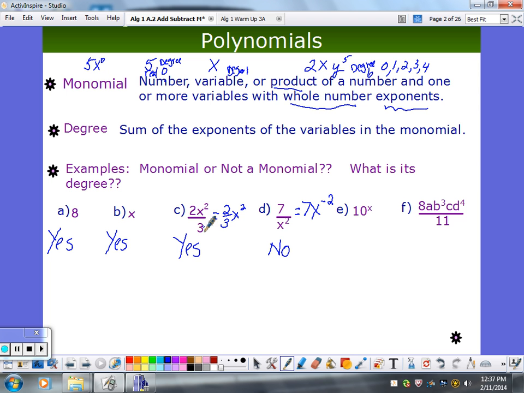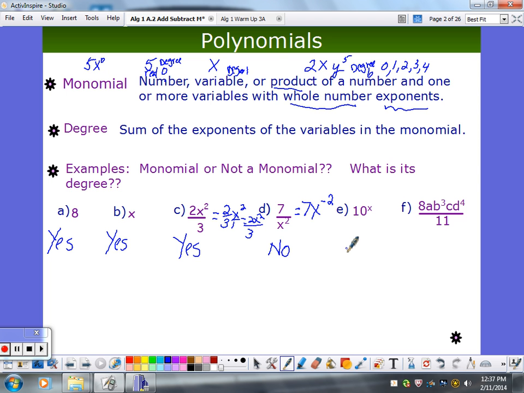Well, I rewrote it. Isn't this the same thing as 2/3 times x squared? 2 times x squared is 2x squared. I put it over 1. 3 times 1 is 3. It's the same thing. Why is he not a monomial? Because I can't have x's in the denominators, because if you write it like this, you see my negative exponent? It's not a whole number. Whole numbers aren't negative. So no.